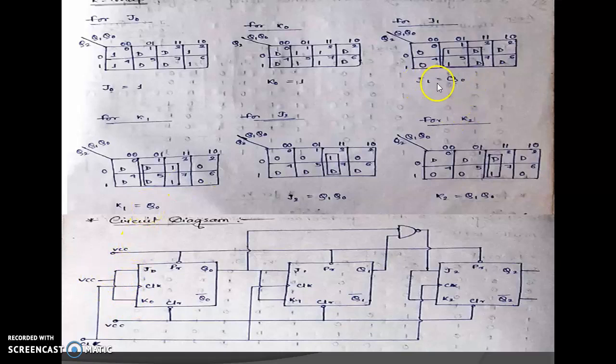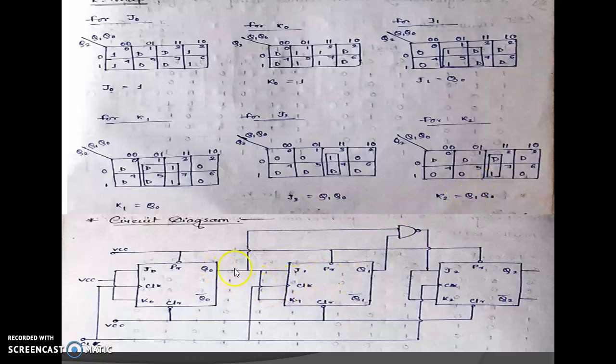Next, J1 value is Q0 and K1 value is also Q0. So Q0 is connected to J1 and K1. Next, J2 value is Q1 Q0, meaning use an AND gate, and K2 value is Q1 Q0, meaning use an AND gate.